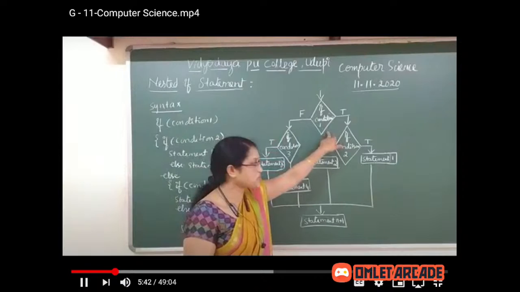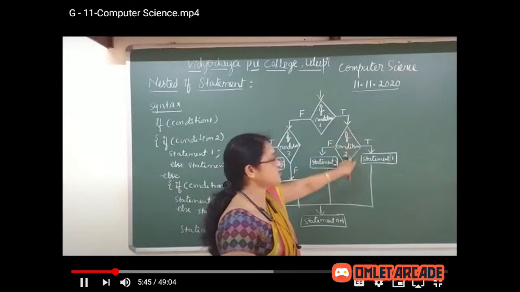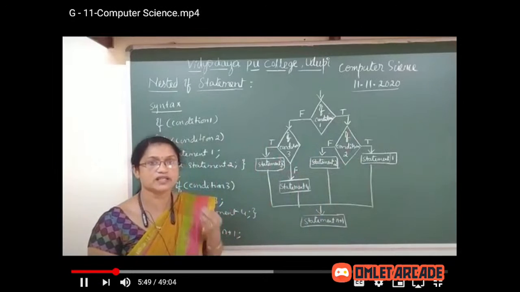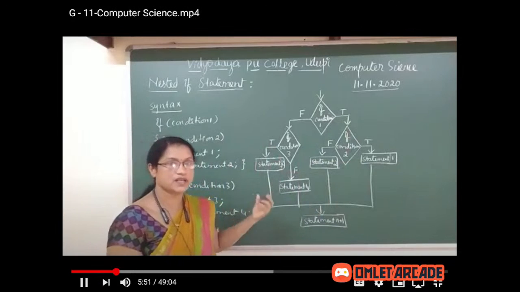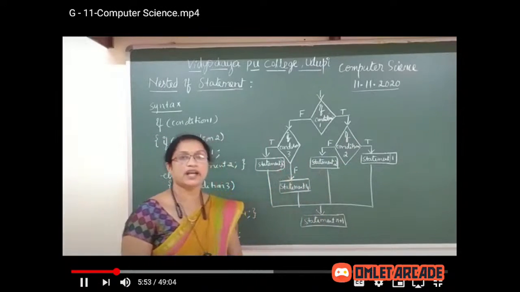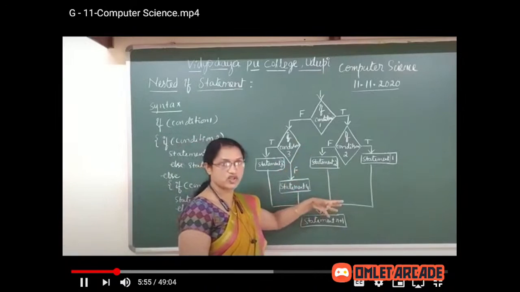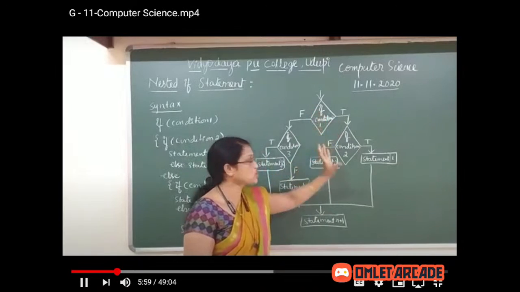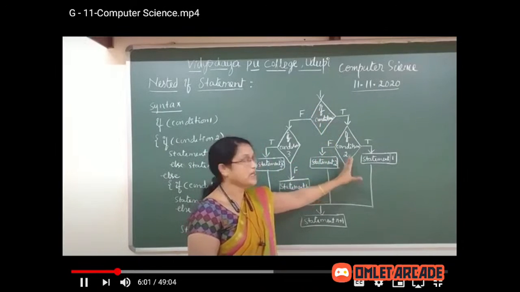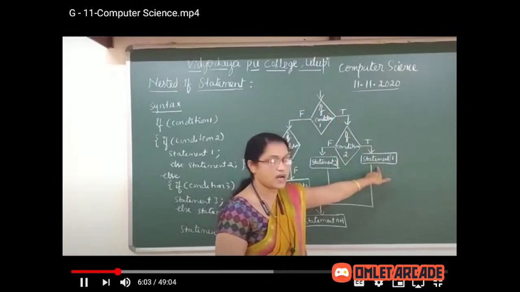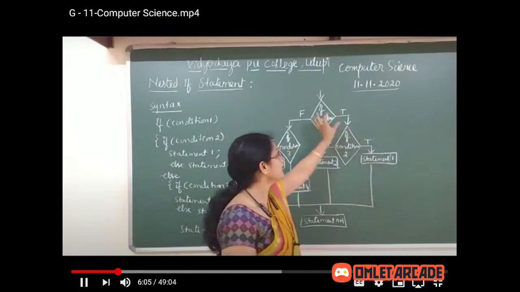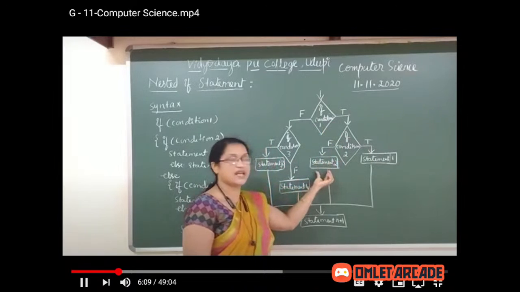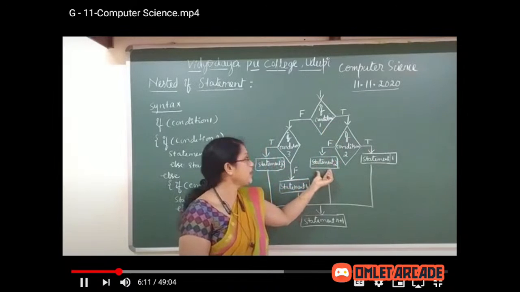If condition 1 is true, then it checks the next condition because it is a nested if statement. One statement is nested within another if. That is called nested if. So it checks the first condition. If it is true, it checks the next condition. If both conditions are true, statement 1 will be executed. In case the first condition is true and the second condition is false, statement 2 will be executed.